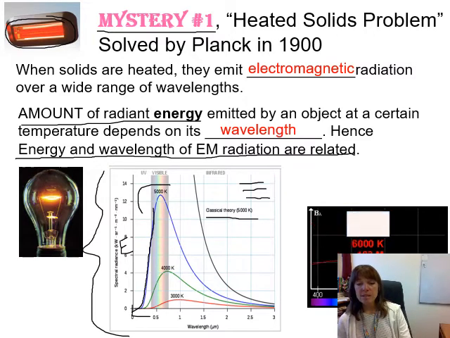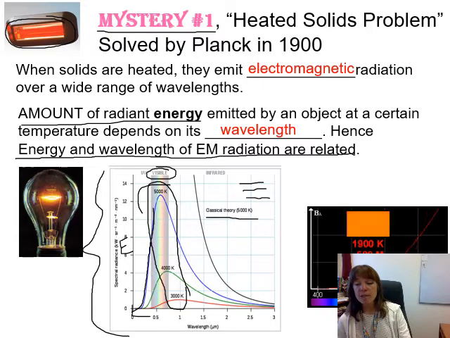And this is a small little fraction of the visible range, as you see on this graph. And it's showing when something becomes colder, it gets redder. And when something becomes hotter, it gets bluer. So that's what you're seeing in this picture here in your graph. As something gets hotter, it becomes bluer, and as it becomes cooler, it becomes more red.